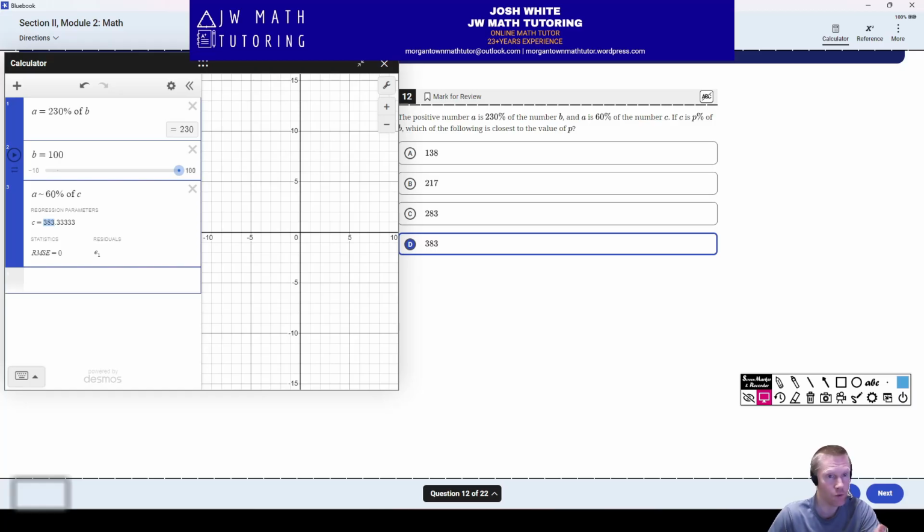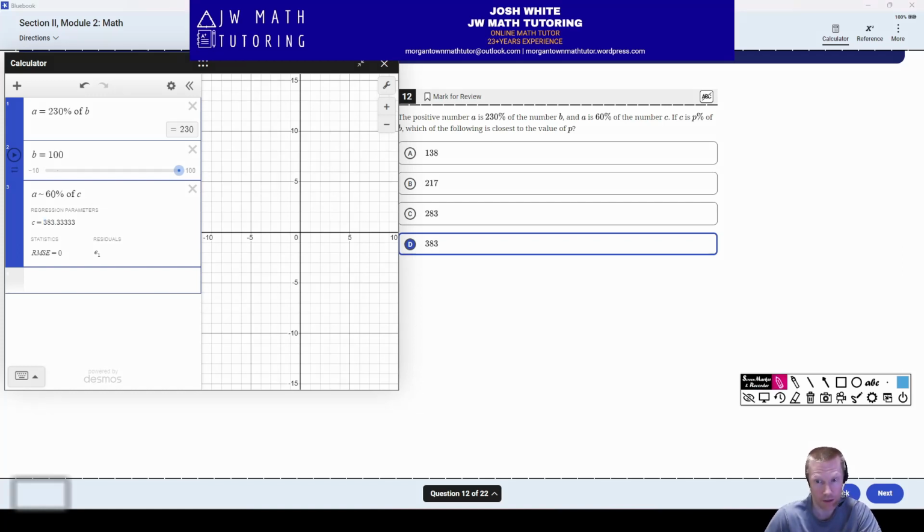The point is, if you picked a different number for B, then you would have to do additional work to solve that C is P% of B. But because you define B to be 100, essentially the C value that we get is just the answer.